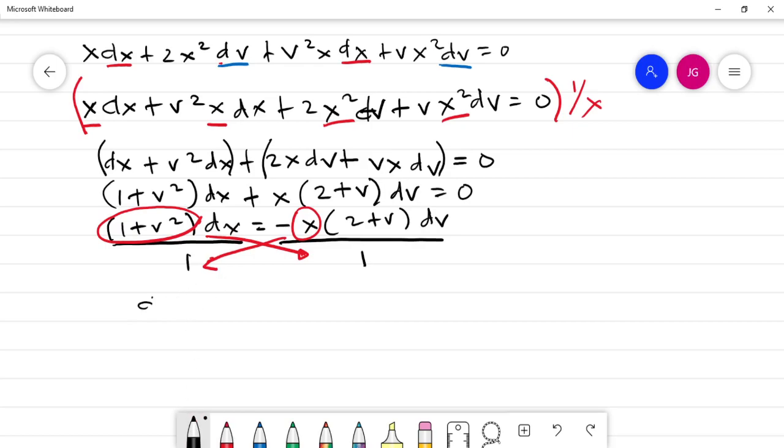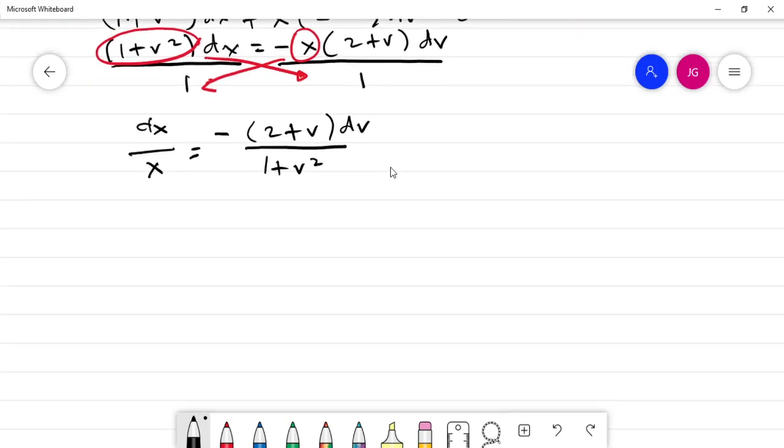Then, we write the equation, this is dx over x is equal to negative 2 plus v, then dv over 1 plus v squared. Okay?